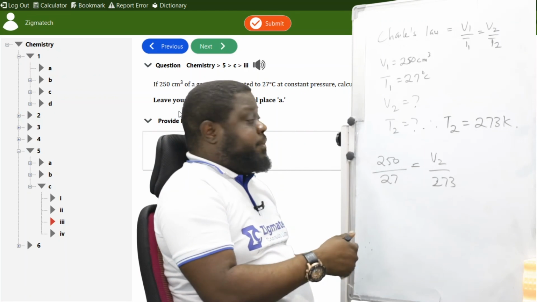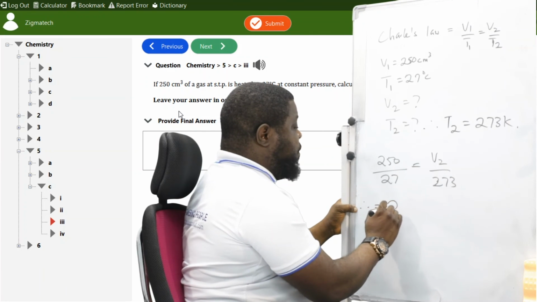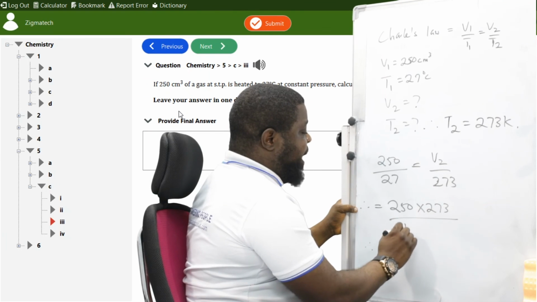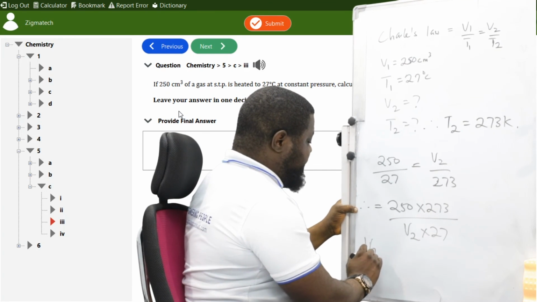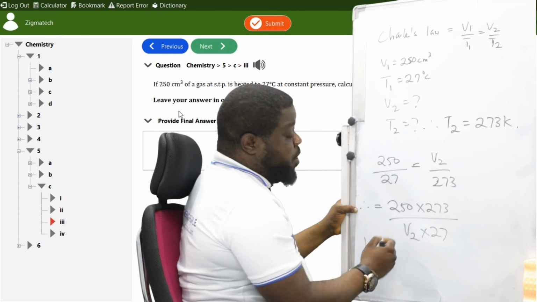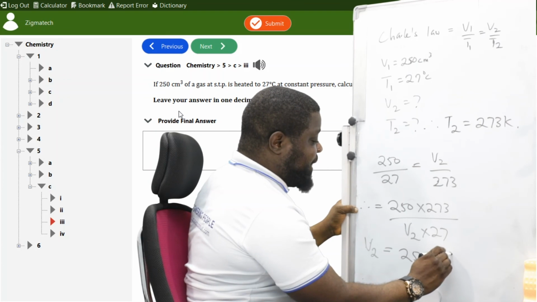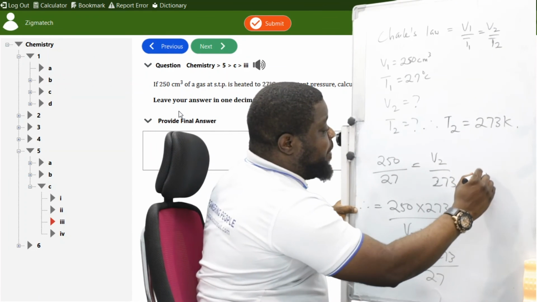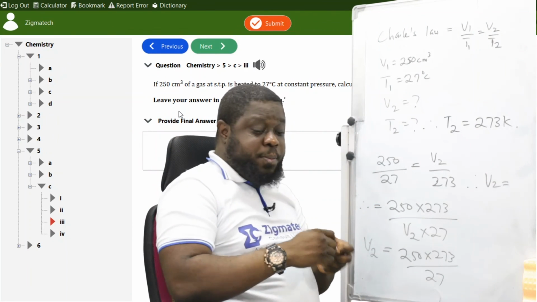V2 times 27 equals 250 times 273. Therefore V2 will be equal to 250 times 273 divided by 27. So what will be the new volume?